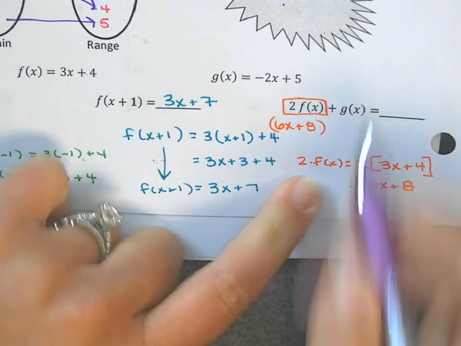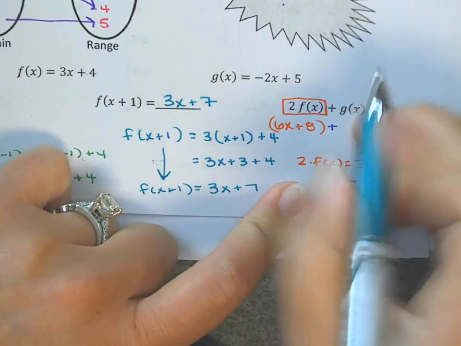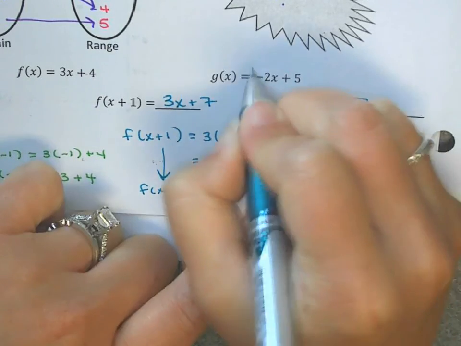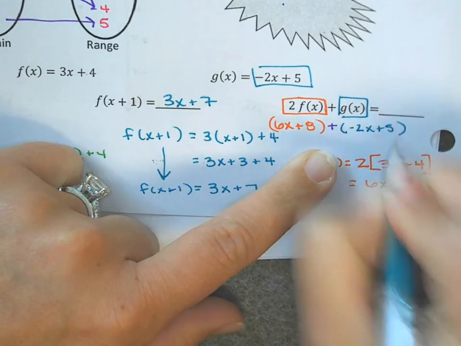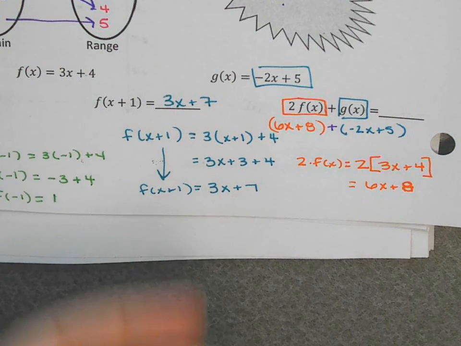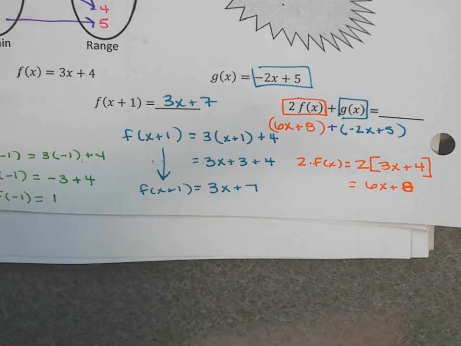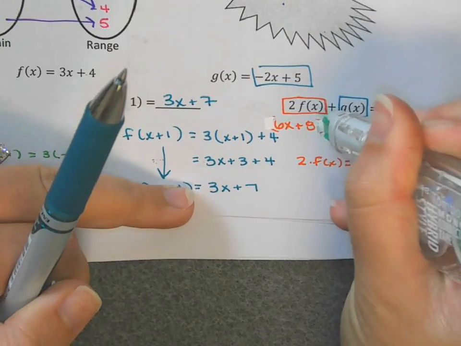Plus g of x. You don't even have to do anything on this one, because g of x was already given to you. And then all we have to do here, since it's just adding, is combine like terms. So really the parentheses aren't even necessary. You could get rid of them if you wrote them in.